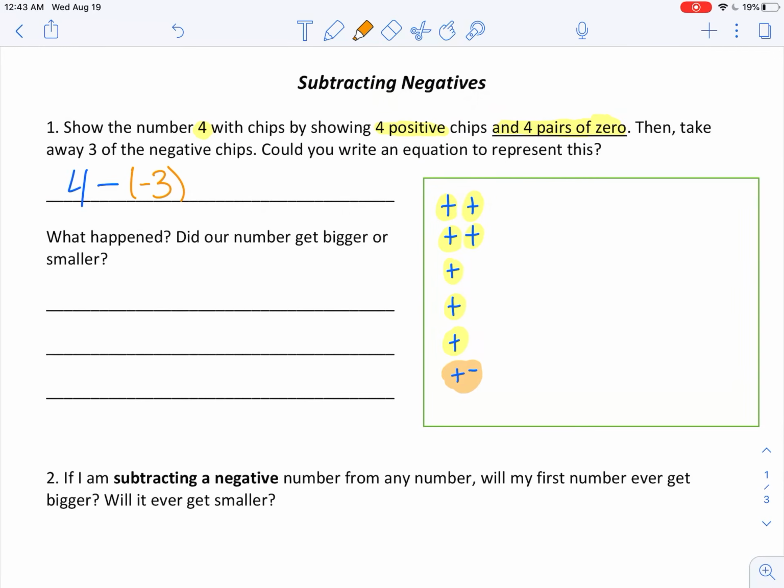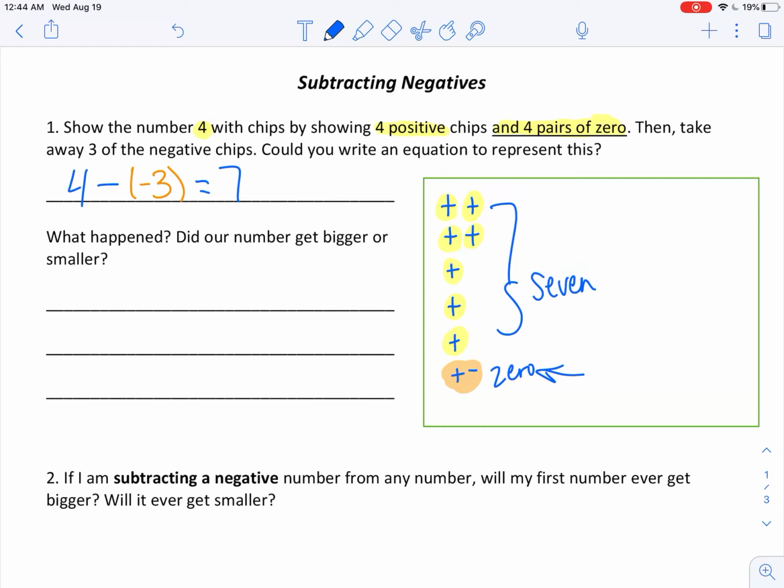What does a pair like that represent? What number does that represent? Well, anytime I've got 1 minus 1, or plus 1 and minus 1, we know that's 0. So here I've got 7 positives and one pair of 0. So 7 plus 0 is 7.